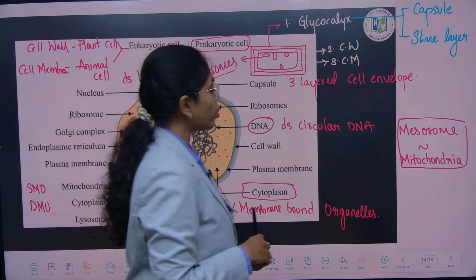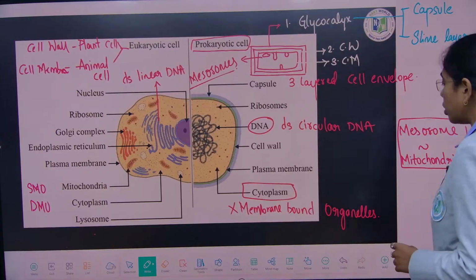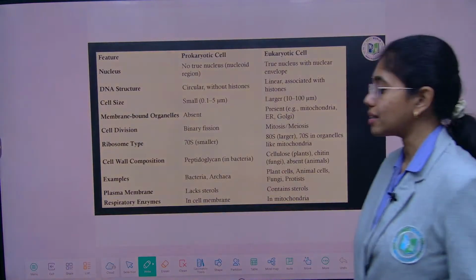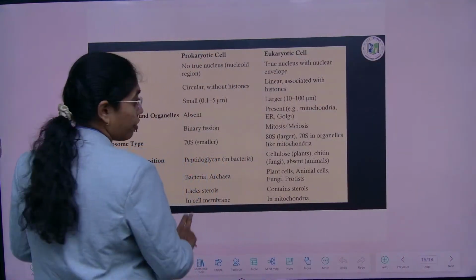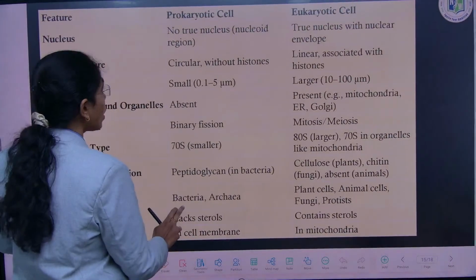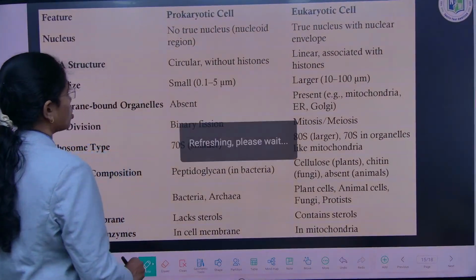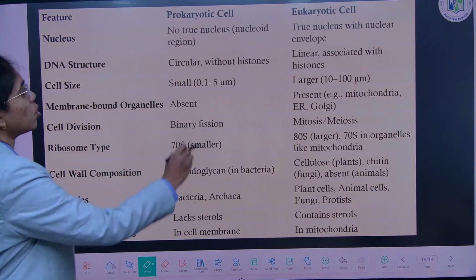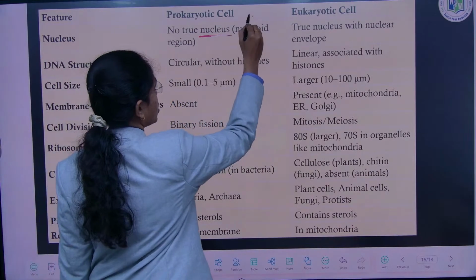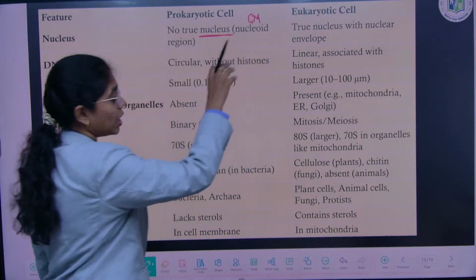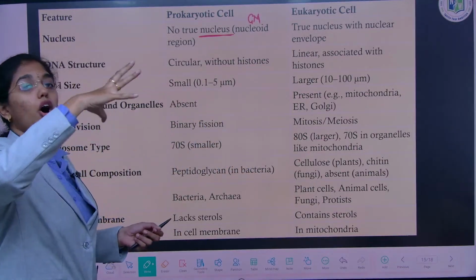Now, we will look into the tabulated version of prokaryotic cell and eukaryotic cell differences. Here we go. First, in a prokaryotic cell, there is no true nucleus. Just genetic material is present, but it is not scattered all through the cytoplasm.